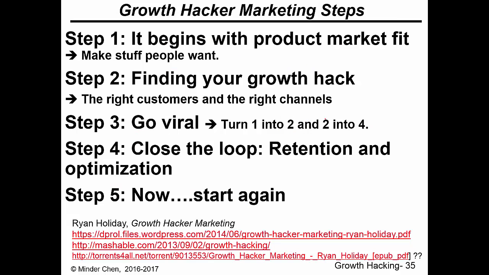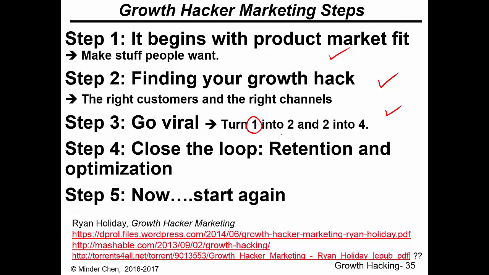Growth hackers take the 5 marketing steps below. First, begin with product-market fit. Make sure we make a product and service people want. Step 2, finding your growth hack. Find the right customers and the right channel to reach them. Third, go viral.